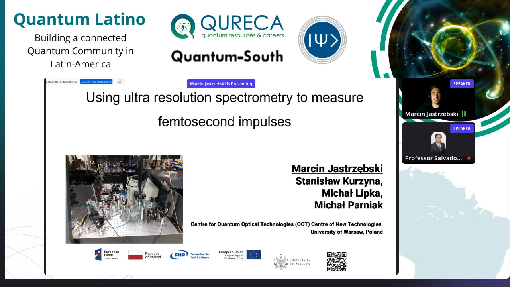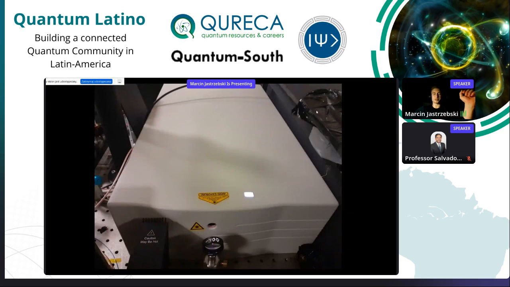I actually wanted to start with this picture because maybe some of you already see what this is, and this is actually a laser that I've been working with. Probably all of you have seen a laser in your life, but this one is a little bit special.